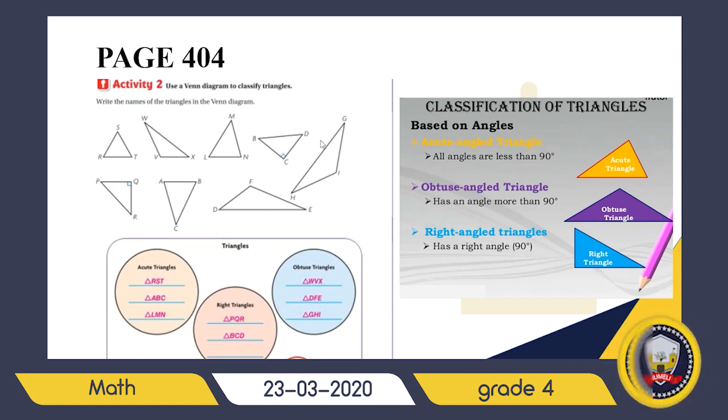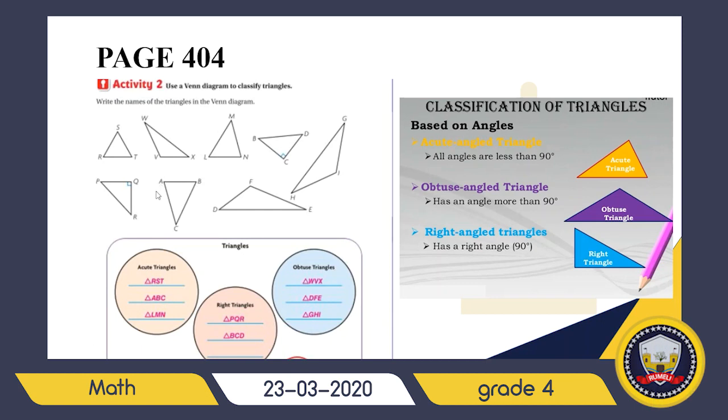Perfect. What about this? When I check GHI, I can see an obtuse angle here. If there is only one obtuse angle, it is an example of an obtuse triangle, so we will write it here. Triangle GHI is an example of an obtuse triangle.